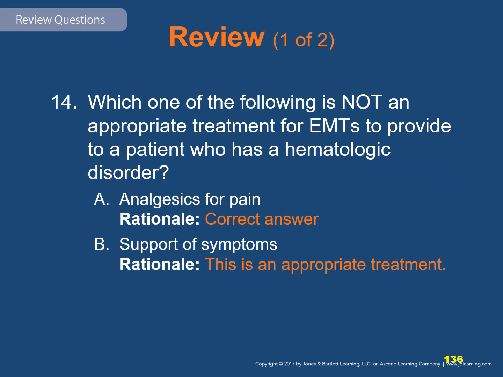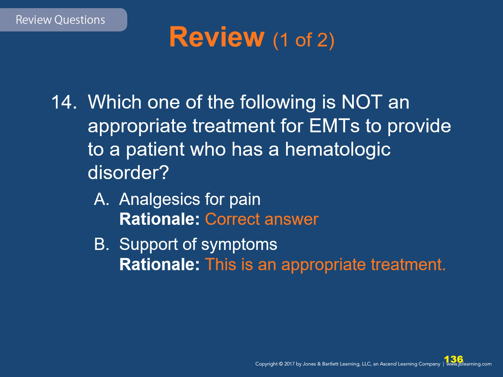So let's look at the other things. Analgesics for pain, that's the correct answer. EMTs cannot administer analgesics. So that's kind of a trick question here. It's making you remember, oh yeah, this is my scope of practice. B, support of symptoms. Of course, that's an appropriate treatment. So manage their symptoms.